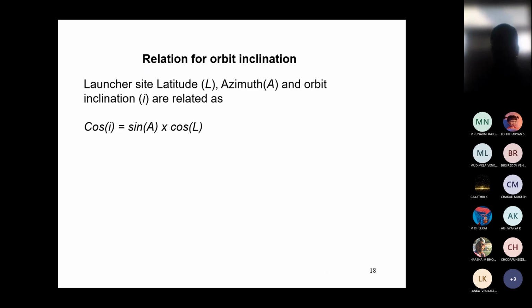So now, let us have a look at some other parameters. Till now, what we have discussed is that we have launched a satellite, and the satellite is moving at some velocity.